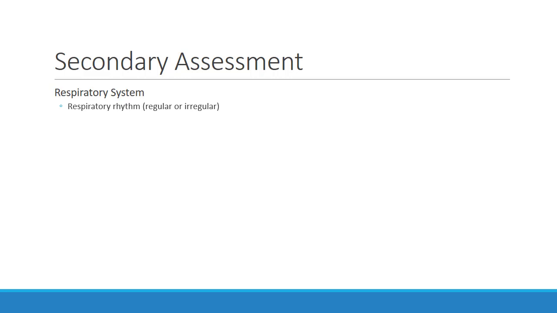Is their breathing regular or irregular? Throughout the program, we'll talk about things that make the respiratory rhythm irregular. There are, for example, brain injuries that can make it irregular. There are chest injuries that can make it irregular. So we will talk more about that as we get into those topics.